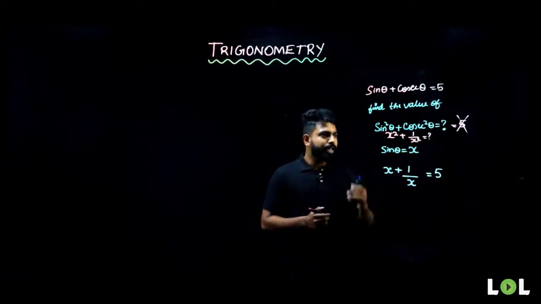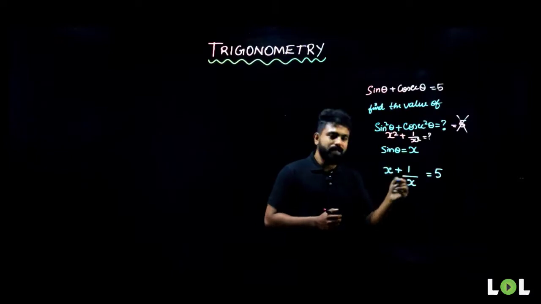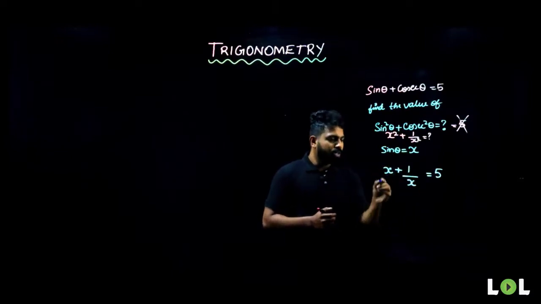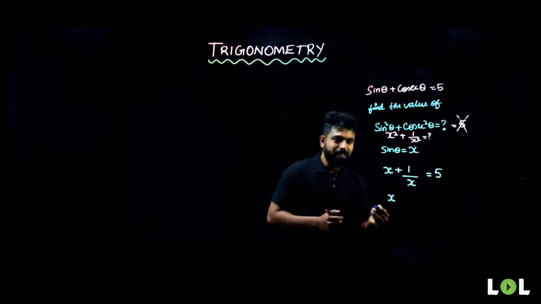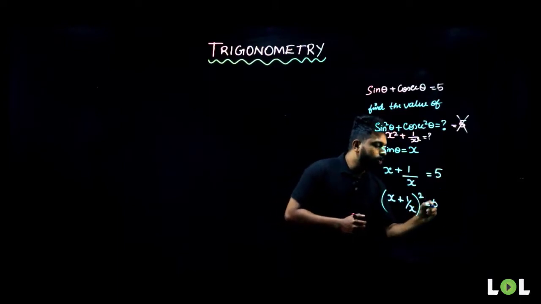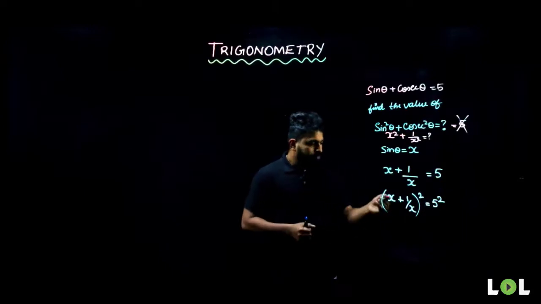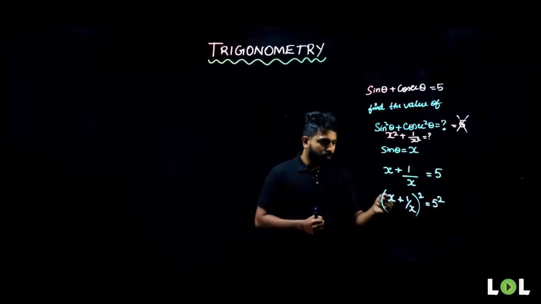So how to solve this? Look at this. We need x square plus 1 by x square, meaning we need the square of this. So we first square both LHS and RHS. What do I get? (X plus 1 by x) the whole square will be equal to 5 square. Now, what will you get if you square this?